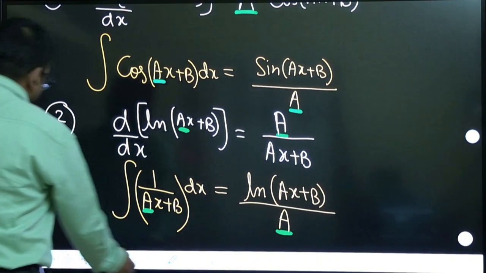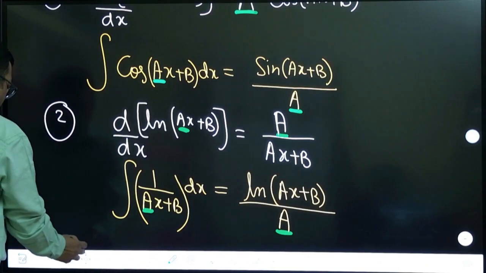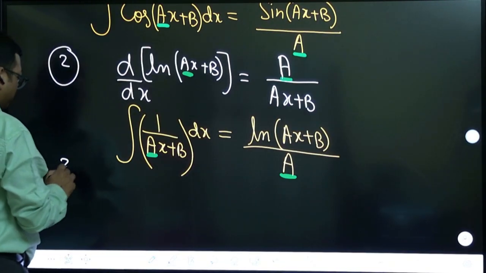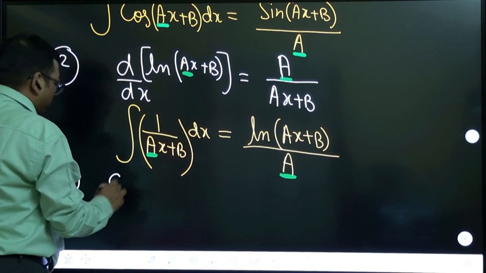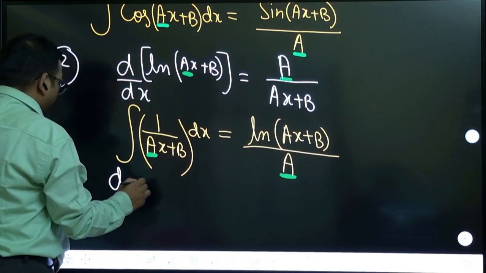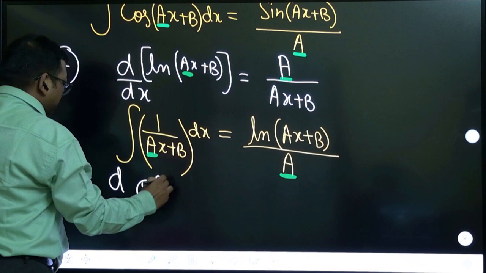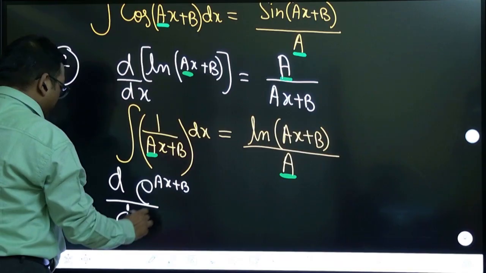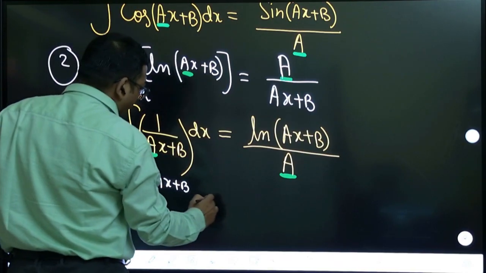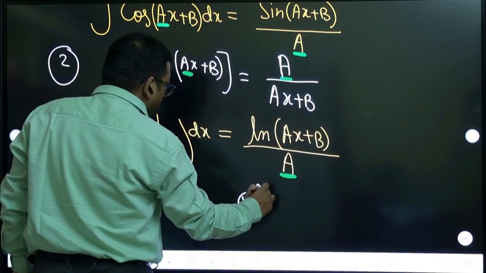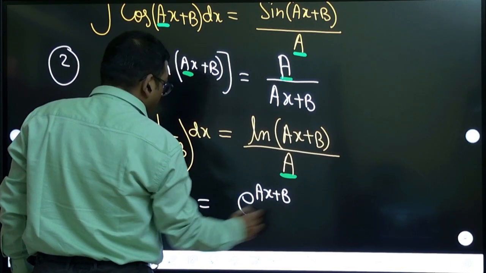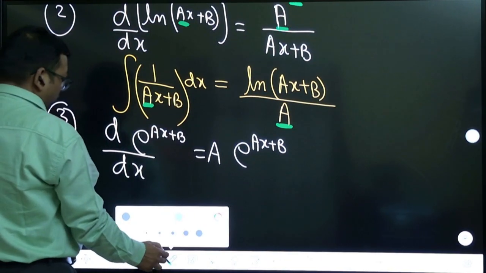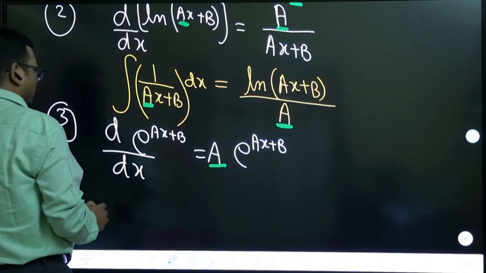One more, let us write for the power formulas, because that is also used a lot. So the third one, exponential. Differentiation of e to the power (ax + b) with respect to x becomes e to the power (ax + b), and the coefficient a is multiplied here.